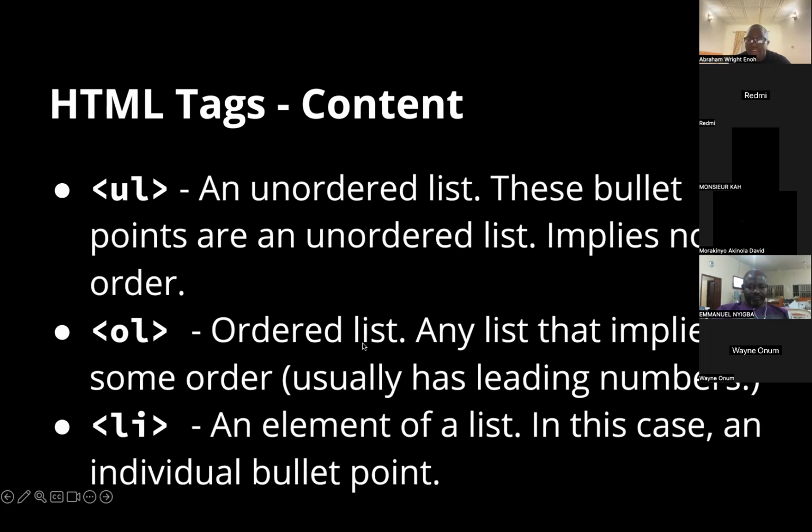Okay, there is another one we call UL. It is an HTML tag called unordered list. So bullet points, it handles bullet points. And there is another one, OL, which is ordered list. It handles numbers, right? And in this UL and OL, there's something we call LI, which is a list of elements.